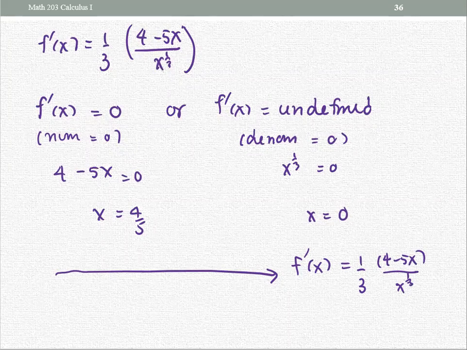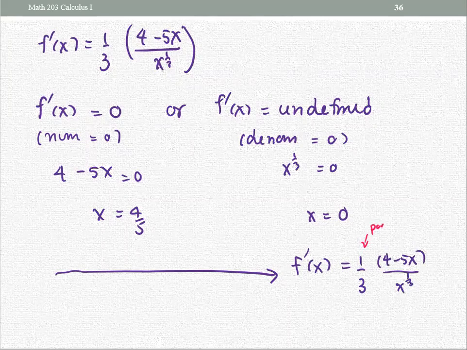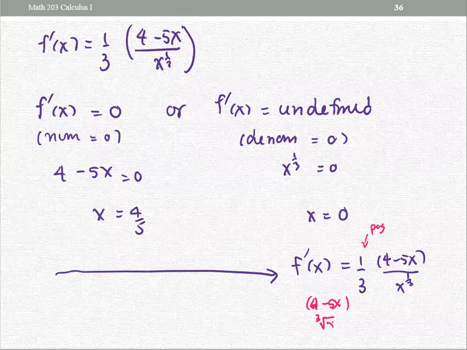As in the previous problem, the 1/3 is already a positive term, so we just consider the sign of 4 minus 5x as one factor divided by the factor of the cube root of x.